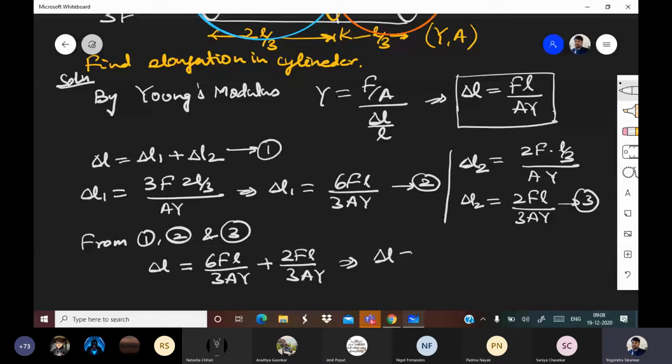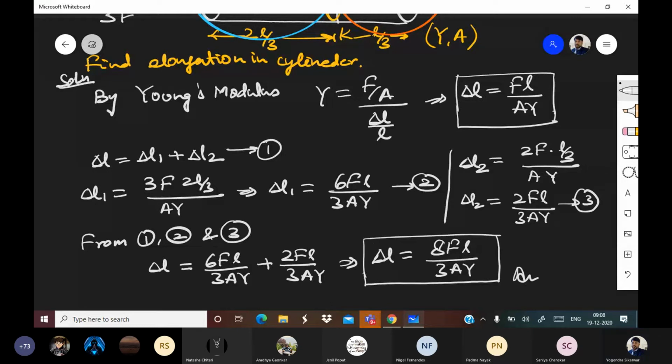So delta L comes out to be 8FL upon 3AY. That is the answer.